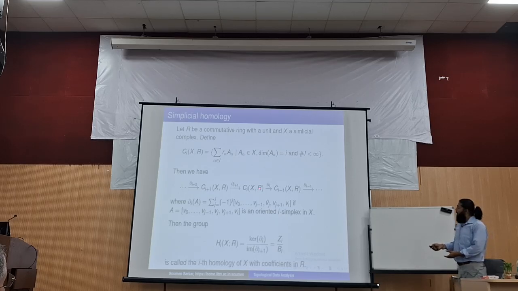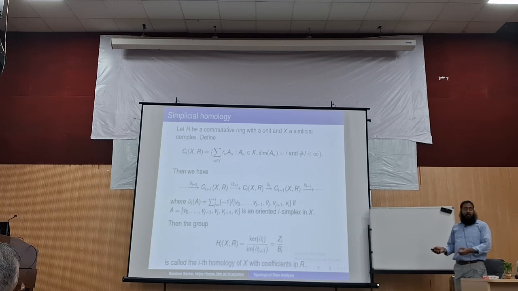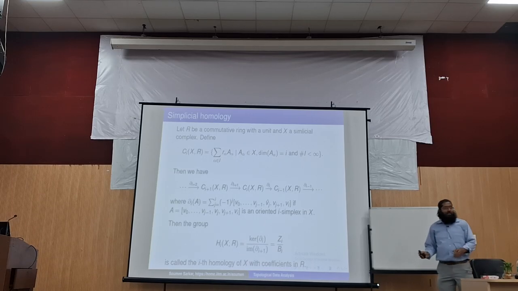Then we have a map from i-dimensional simplices to (i-1)-dimensional simplices. So this is constant. If it is the i-th simplex, what should the map be? So this map is this. If the composition is 0, whether the kernel equals only the image, we will check it a little bit. Is it okay? The definition, okay?